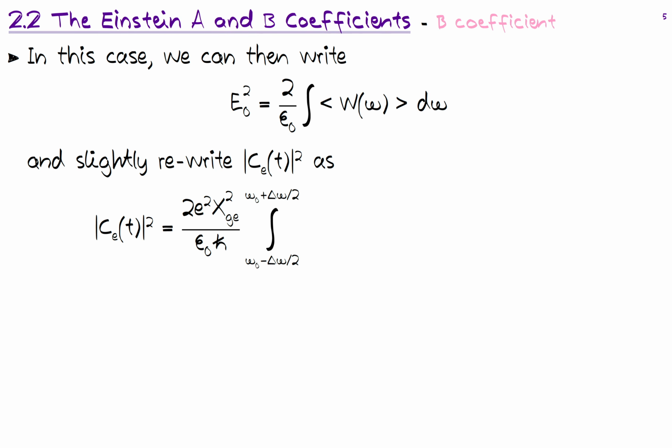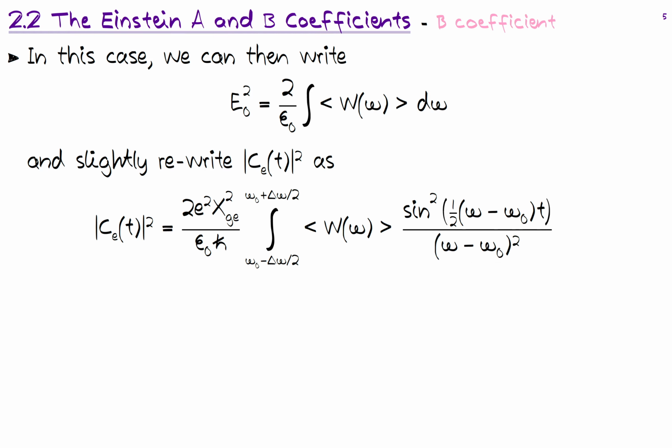Now we integrate over a range of frequencies the radiative energy density and the sinusoidal term that we discovered in the previous lectures. This is the generalization: we don't have just a delta peak, but rather we need to integrate this term over a range of frequencies.